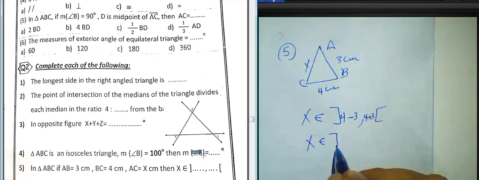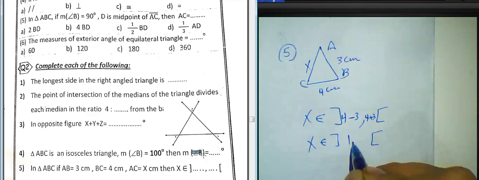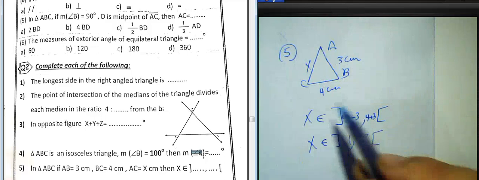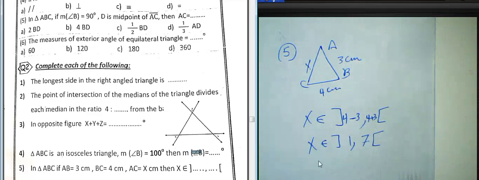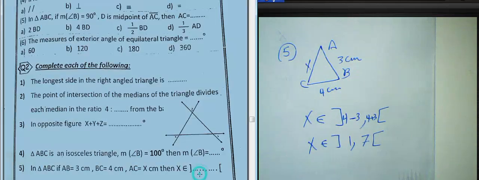So x must belong to what? 4 minus 3 equals 1, and 4 plus 3 equals 7. So the third side must belong to the open interval from 1 to 7. We must write 1 and 7 in this space.